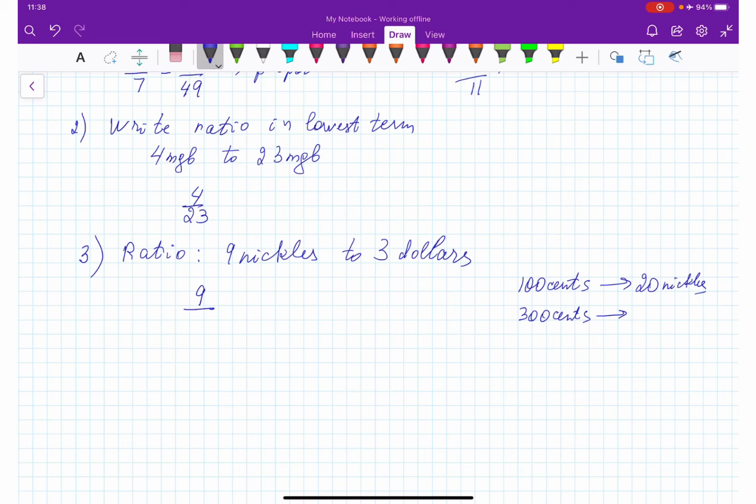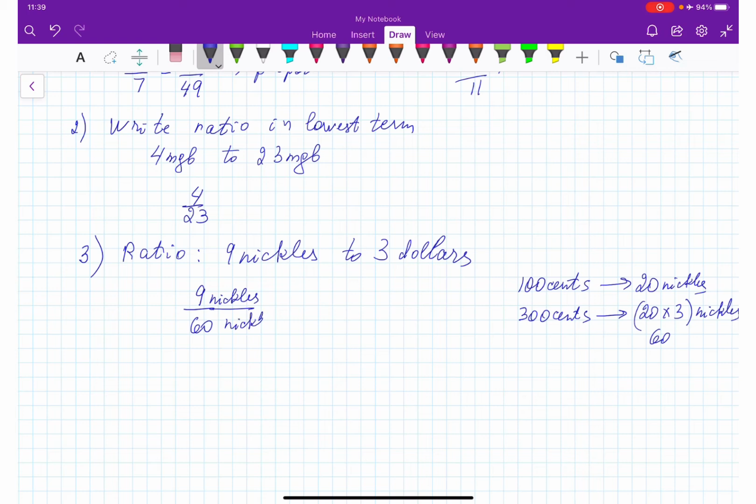Which means nickels also will be 3 times more. 20 times 3 nickels, yes? Because 100 also becomes 100 times 3, 300. So it's going to be 60 nickels, correct? So 9 nickels over 60 nickels.